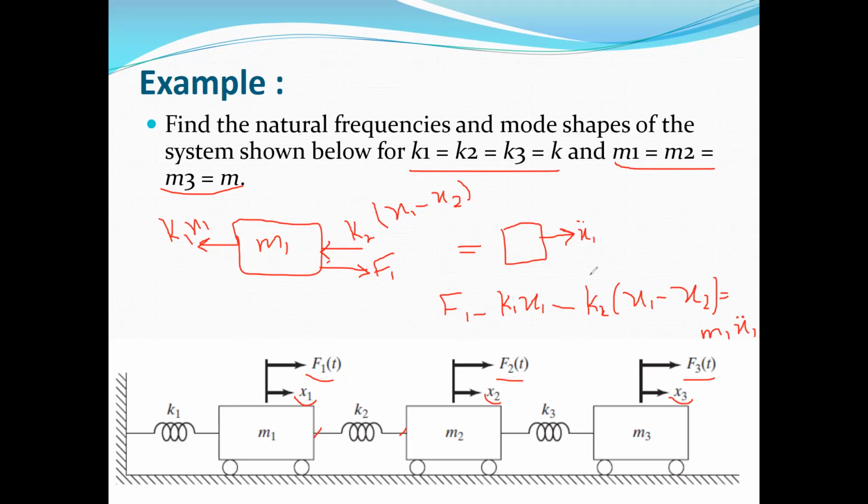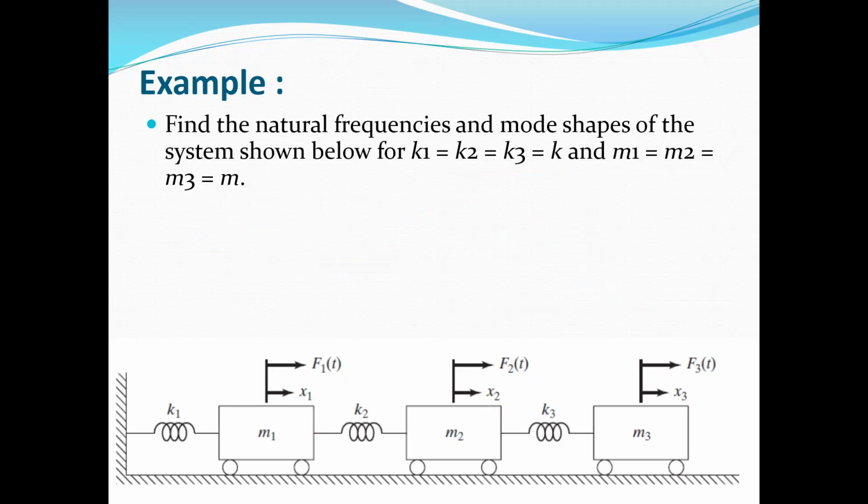Now you can simplify this and extract the first equation. For the second mass and third mass, you can follow the same procedure. You can plot the free body diagram and obtain the equation of motion for the other masses.